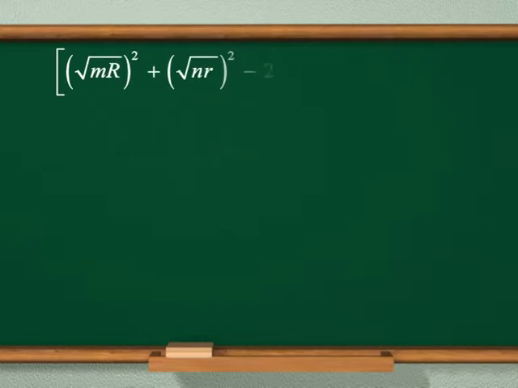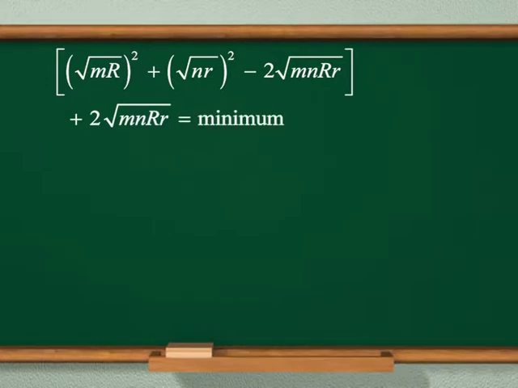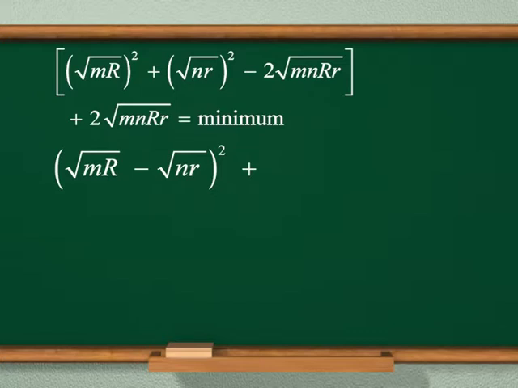The current I will be maximum if mR plus nr is minimum, that is, (√mR)² plus (√nr)² minus 2√(mnRr) plus 2√(mnRr) is minimum, or (√mR minus √nr)² plus 2√(mnRr) is minimum.